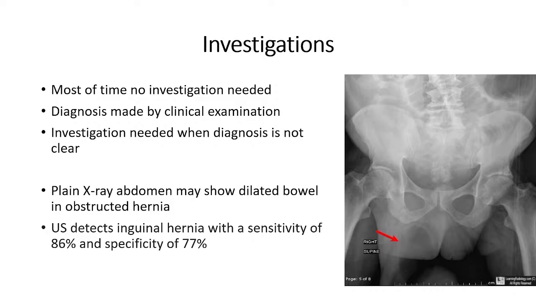If the content is bowel, not omentum, then we can find air below the pubic symphysis on a plain X-ray that includes the pelvis, and this X-ray also shows dilated bowel loops. It means this hernia is a complicated hernia that has led to obstruction. So, the patient might have presented with vomiting, abdominal pain and distension, and the X-ray shows the presence of an inguinal hernia also.